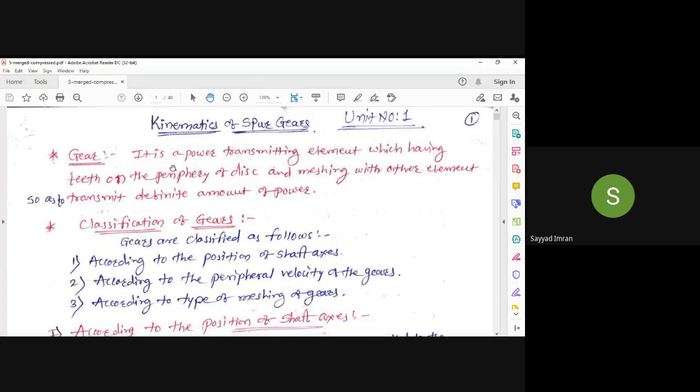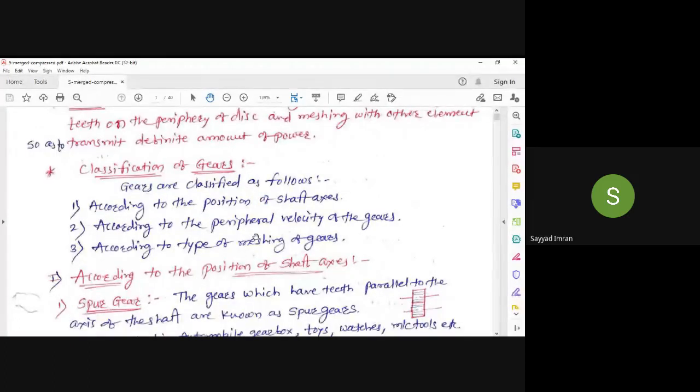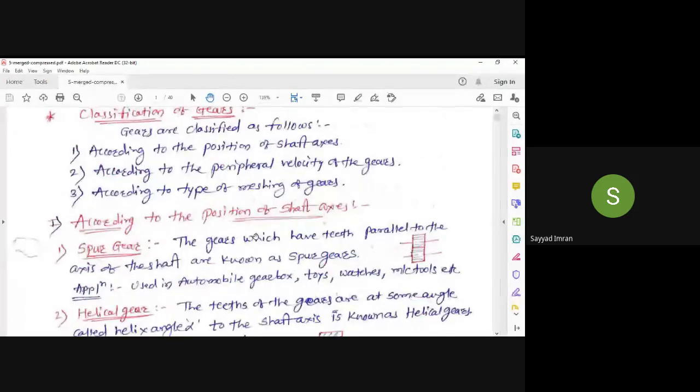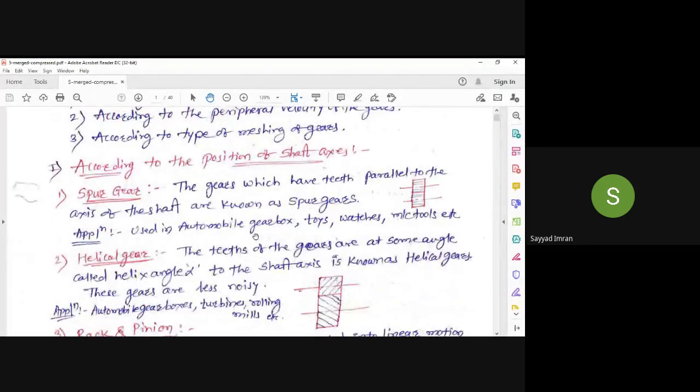If you see gears, they are used in automobiles, that is two wheelers, four wheelers, and in some special purpose machines also. Most of you have seen the gearbox in your bike. If you went for servicing, you have observed that sometimes the gearbox of your automobile might be open.